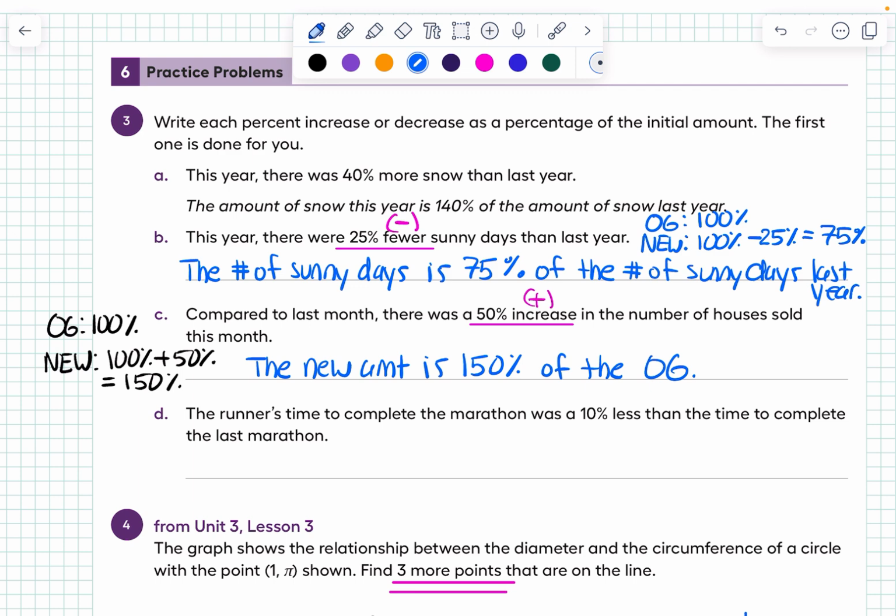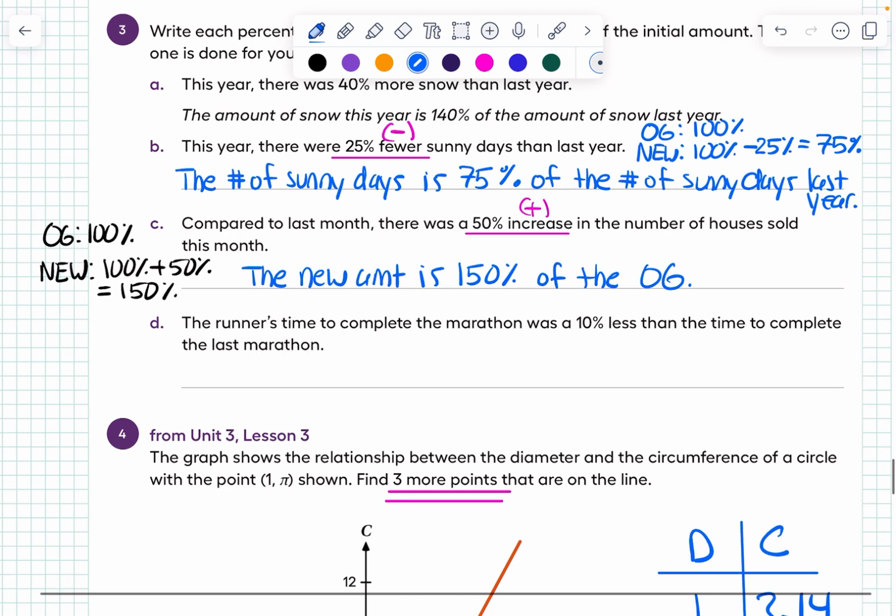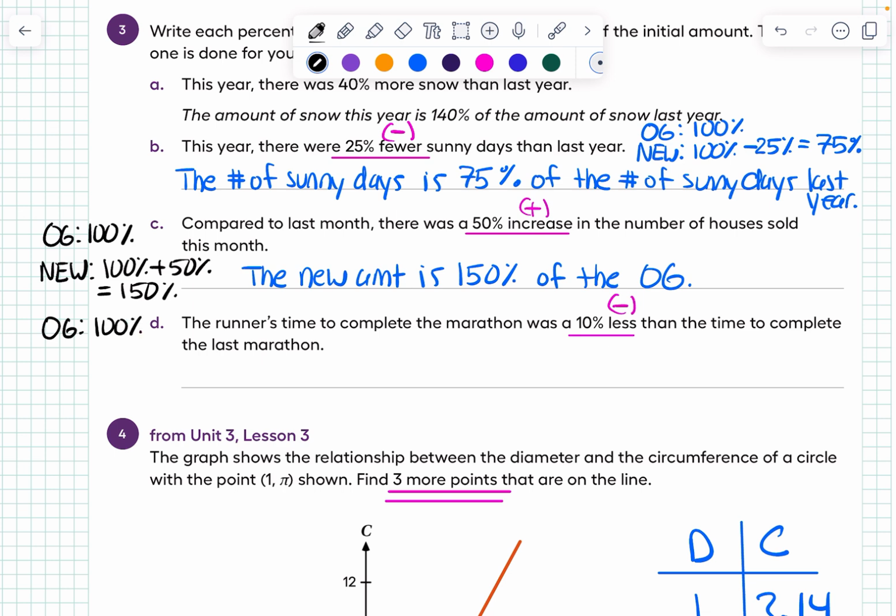Okay, D. The runner's time to complete the marathon was 10% less than the time to complete the last marathon. Okay, that sounds a little weird. I think they kind of made a little boo-boo. The OG amount would be represented by 100%.